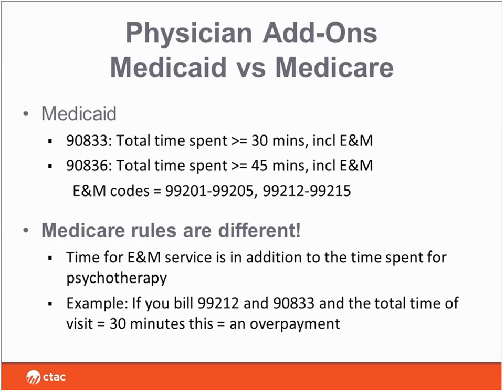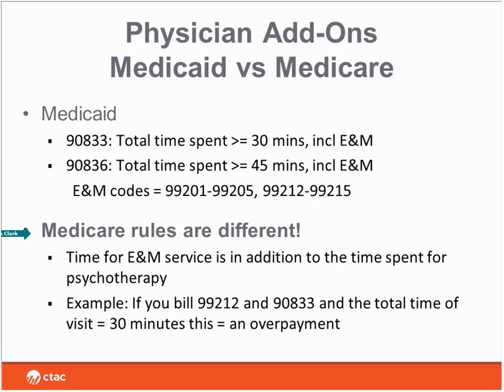So for Medicaid, I don't know if there are any psychiatrists on here or not, but I know that they've all received training, and I've had to explain this, and I went back and made sure with our counsel's office that this is 100% correct for Medicaid. It's the total time that you spend for a Medicaid visit, inclusive of the time you spend doing that evaluation and management service. So for Medicaid, total time spent is 30 minutes, add your 90833. Total time spent is 45 minutes, add your 90836 and pick up that money.